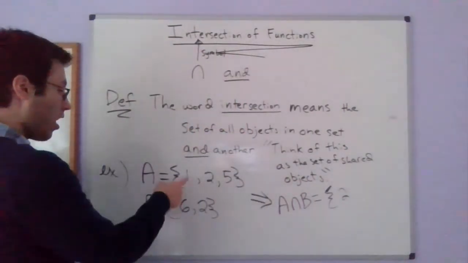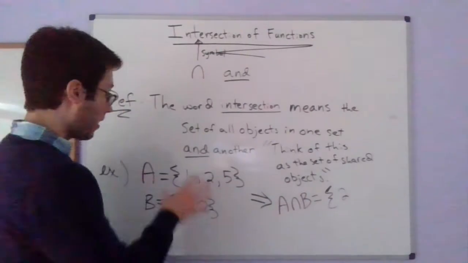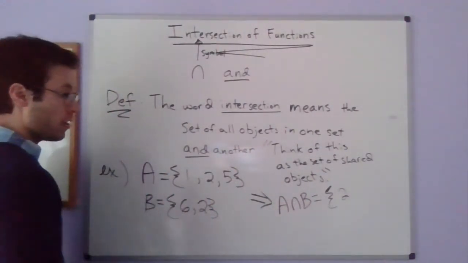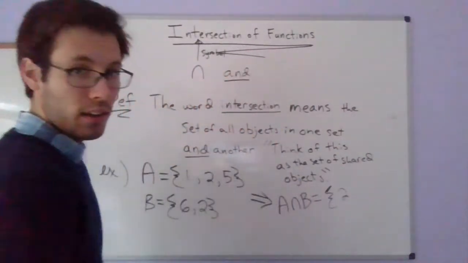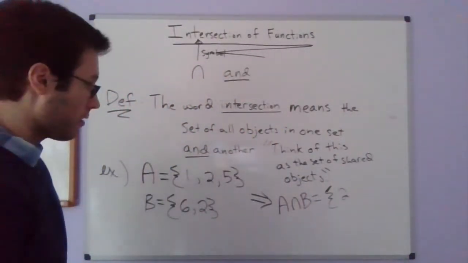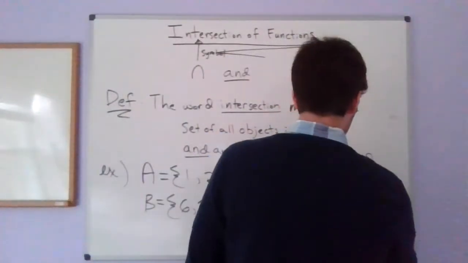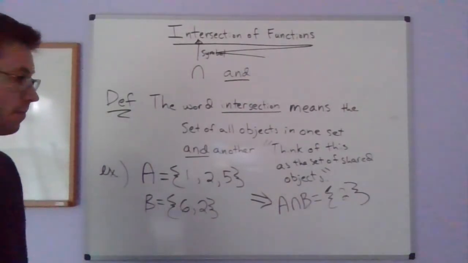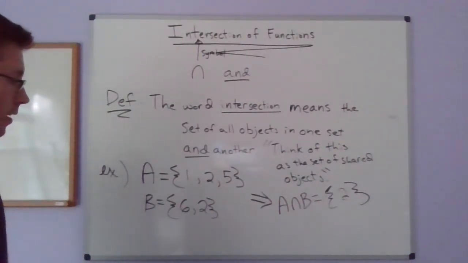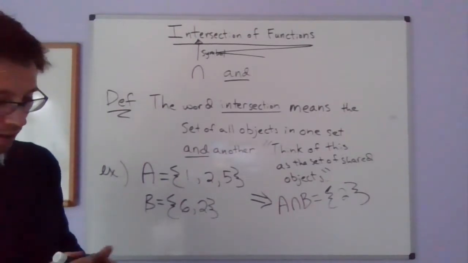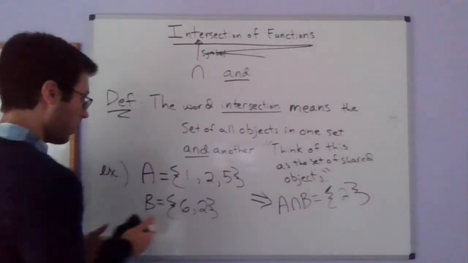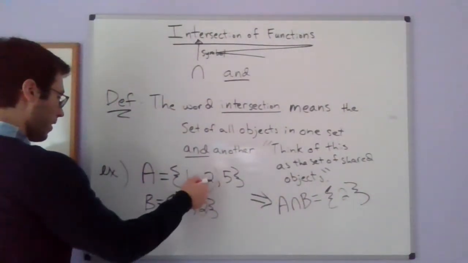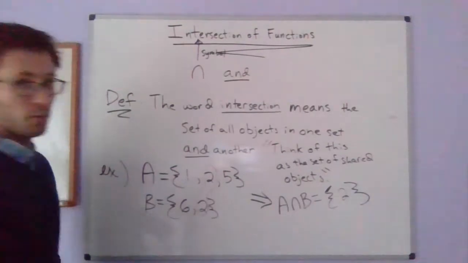And since I have exhausted all objects in set A, and no other objects appear in set B, we've gone through all possibilities of shared objects between the two sets. So the intersection of A and B is just this set here. And I just want to draw particular emphasis: it's because that number 2 is represented in both sets that it's in there.